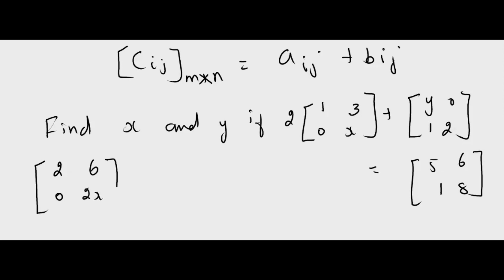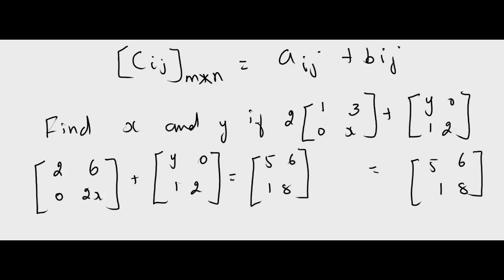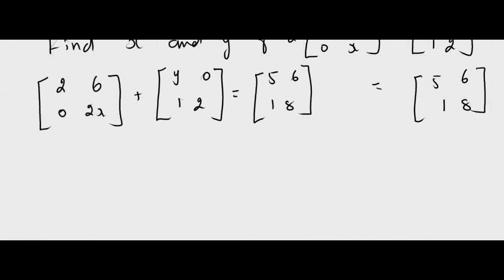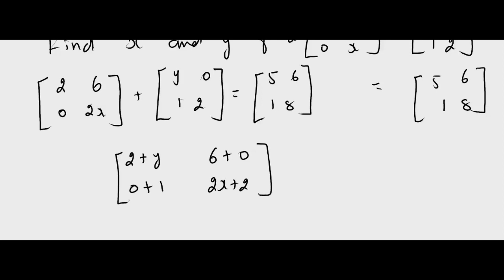2x] plus [y 0; 1 2] is [5 6; 1 8]. Now by equality of matrices, let us add this first. So that would give you 2 plus y, 6 plus 0, 0 plus 1, 2x plus 2 is equal to 5, 6, 1, 8.